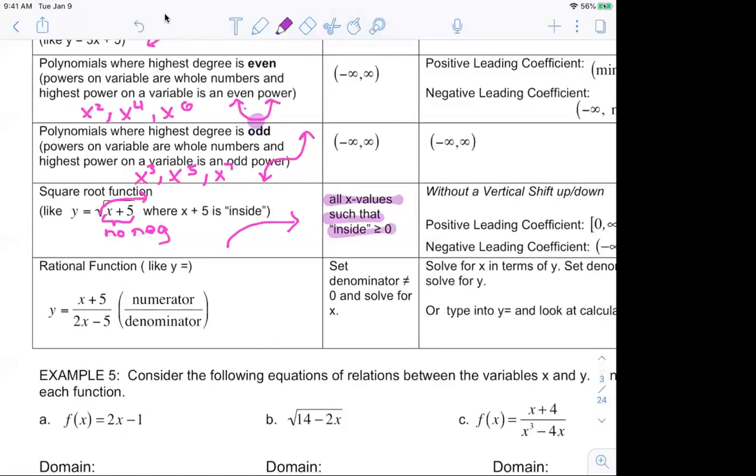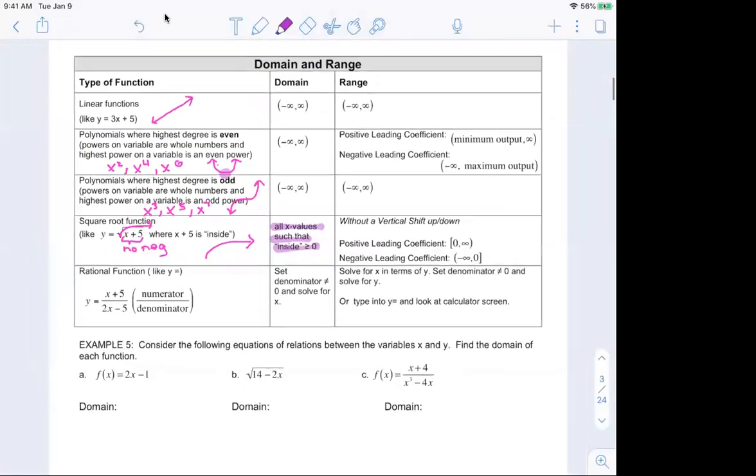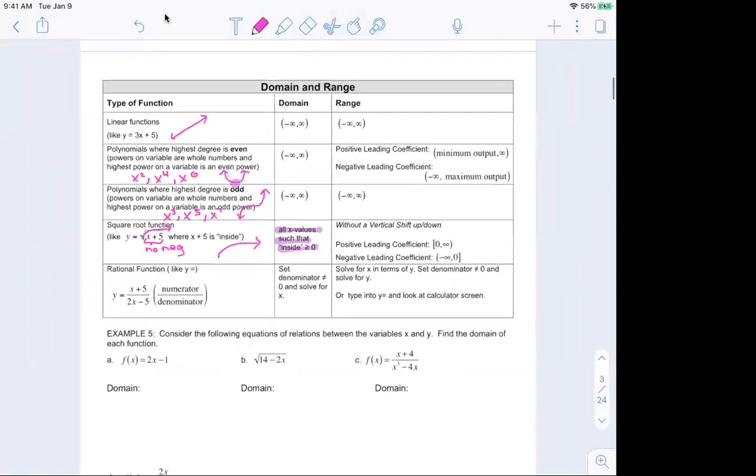You're going to be doing that all year. That's important. And then the range kind of depends on the problem, but when there's not a shift, we talked about shifts in Algebra 2, it would go from 0, but we'll take a look at that. And that's because the range from lowest to highest, notice there's a low point. There's a point that stops here. There's a lowest point. Or if it's reversed, there's a highest point.